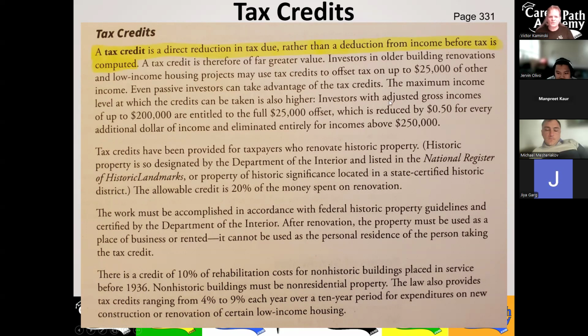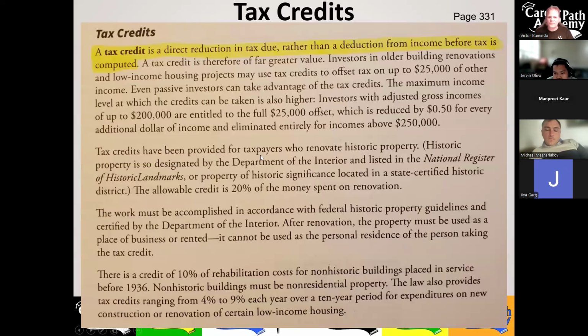Investors with adjusted gross incomes of up to $200,000 are entitled to the full $25,000 offset, which is reduced by 50 cents for every additional dollar of income and eliminated entirely for incomes above $250,000. So rich people don't get those tax credits.